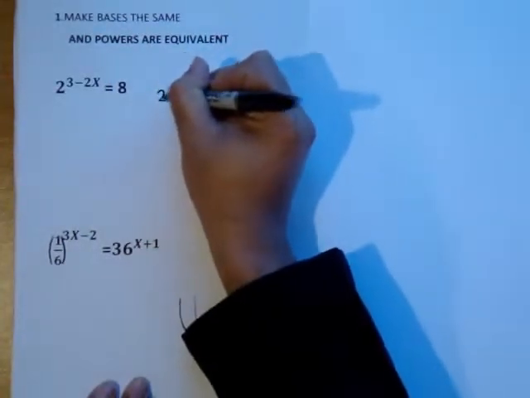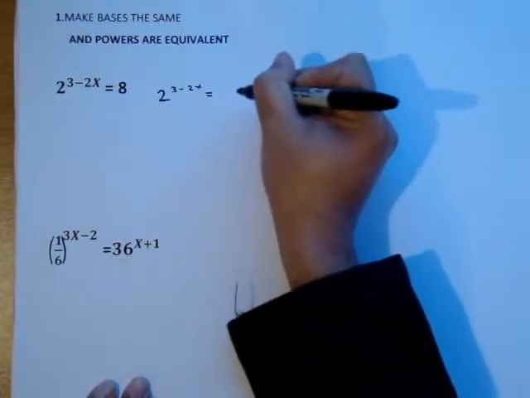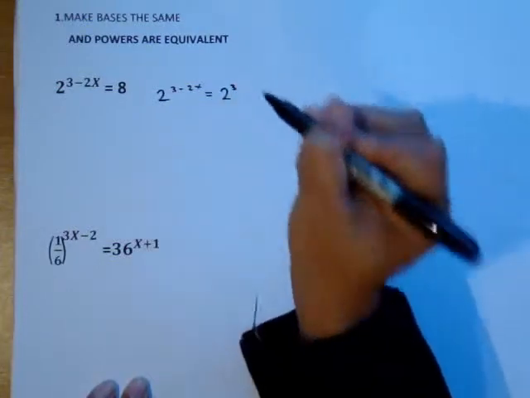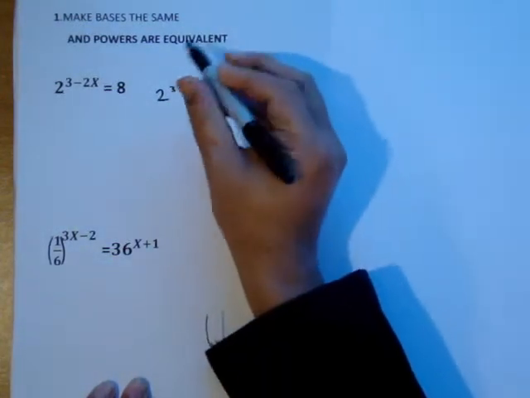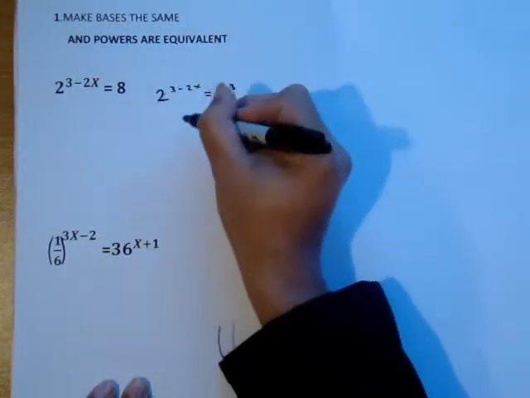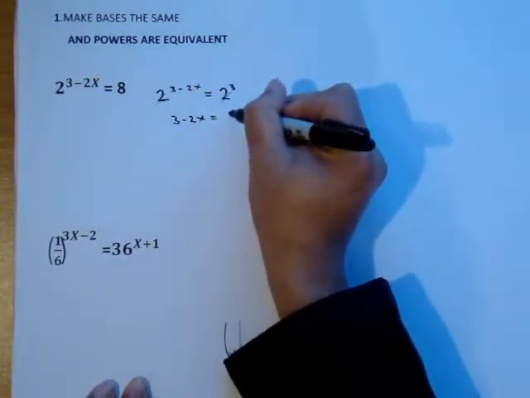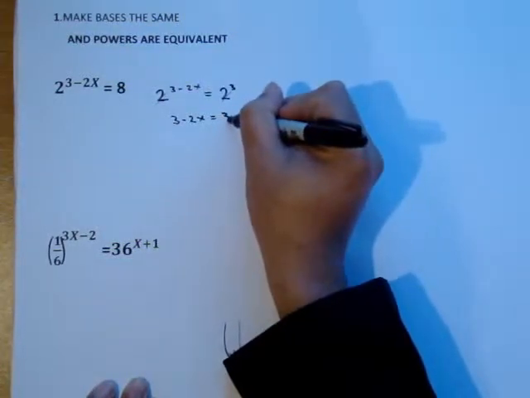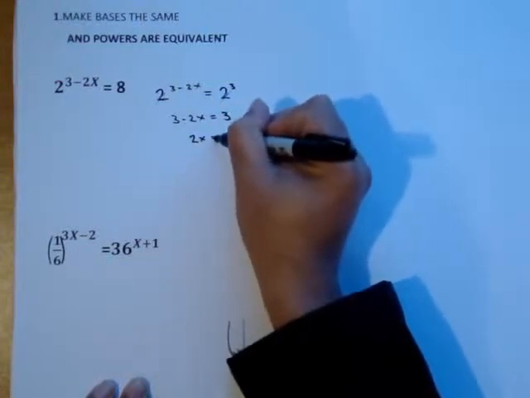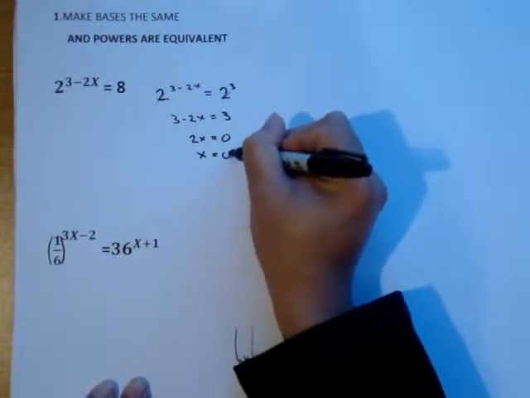So 2 to the 3 minus 2x, and then 8 we can write as 2 to the power 3. Once the bases are the same, the powers are equivalent to each other, so we can ignore the bases and write 3 minus 2x equals 3. 2x then equals 0, and x equals 0.